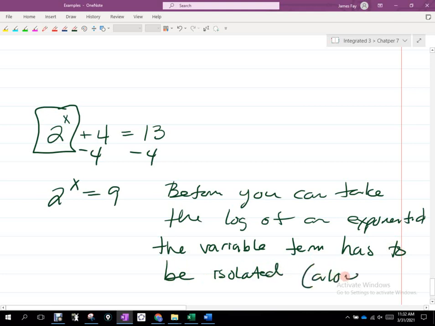It has to be alone. That makes sense? So you have to get rid of that 4 before you employ the use of a logarithm. Okay?